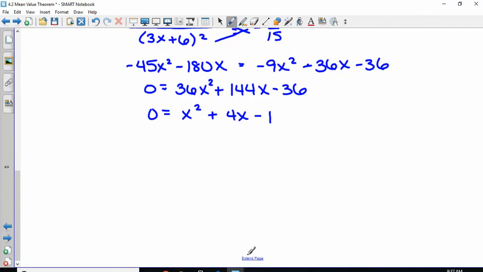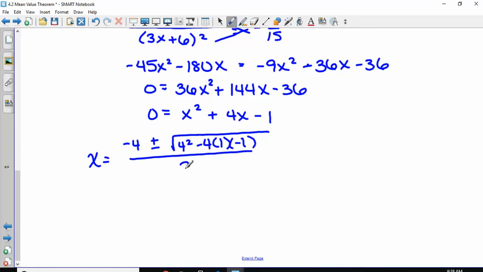Okay, try box method. Is it going to work? So what do? Quadratic formula. The problem that never ends. Opposite of b, plus or minus the square root of b squared minus 4ac all over 2a.